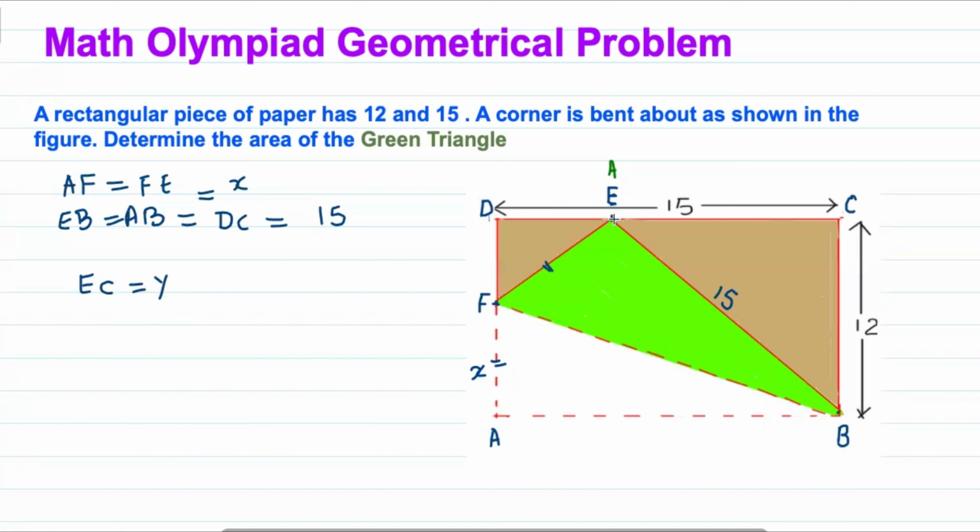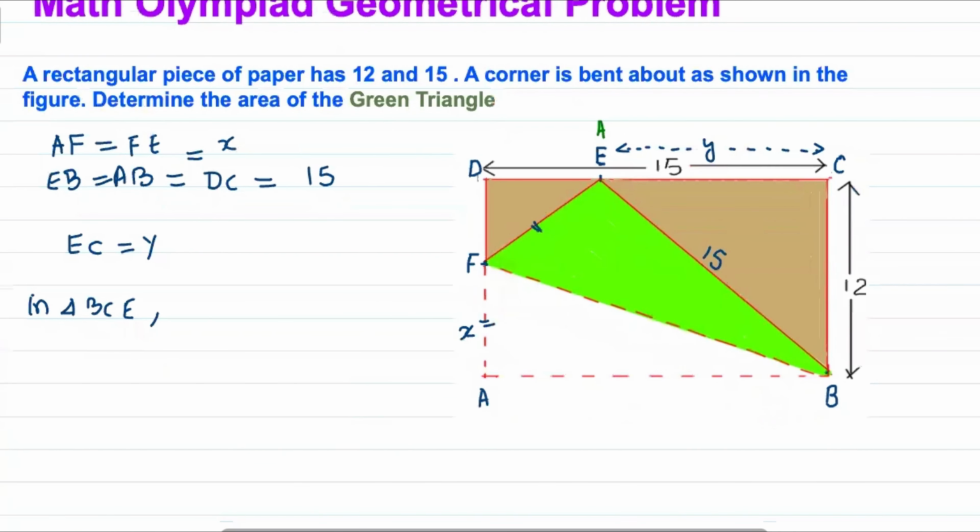Now you see here, BCE is the right angle triangle. In right angle triangle BCE, we can find the length EC, which we name Y, by using the Pythagoras theorem.